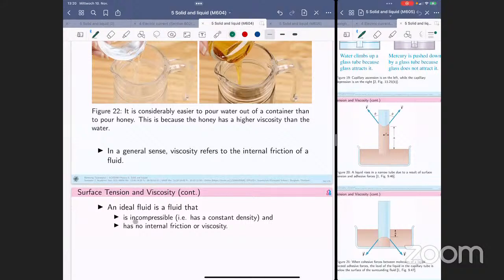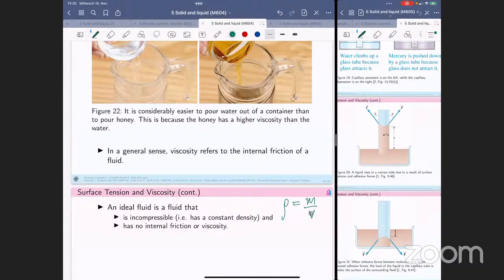incompressible. Let's say the volume doesn't change. The volume of that fluid doesn't change, it is incompressible, and has a constant density because the mass is the same when the volume is the same. Rho is m by v, right? When they say incompressible, it means v is fixed.